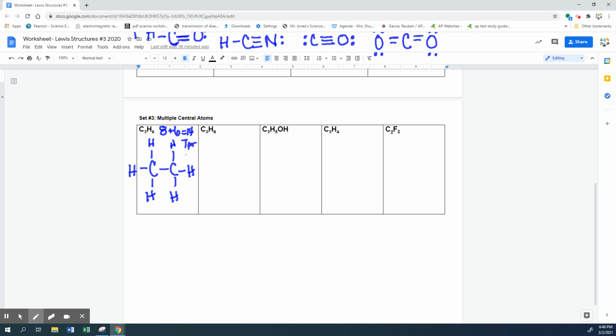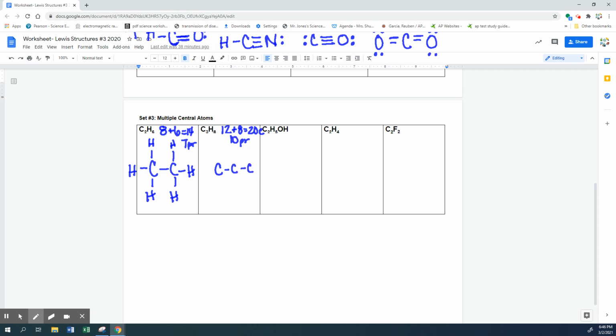Okay. Our next one is C3H8. So to figure out the numbers, 3 times 4 is 12, plus 8, 20 electrons that we're working with, 10 pairs. Carbon, carbon, carbon.